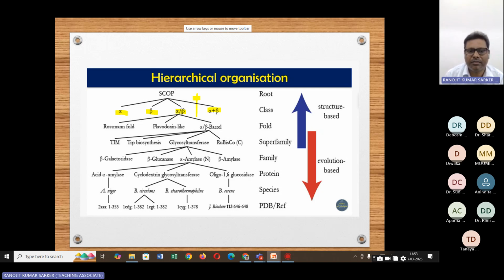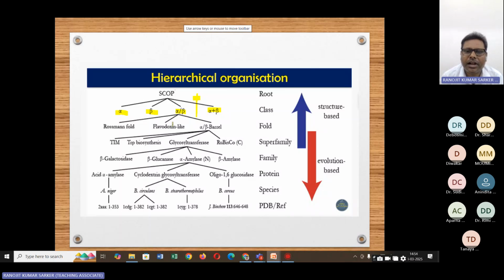That is alpha by beta. In alpha plus beta, alpha and beta are mixed. That means one alpha will be followed by a beta sheet, then again by an alpha, linked through some coils. So these are the differences between these classes.